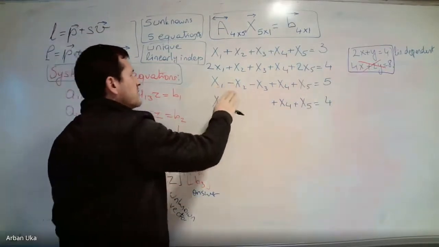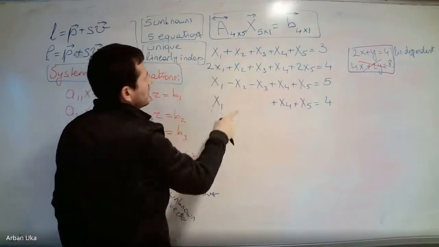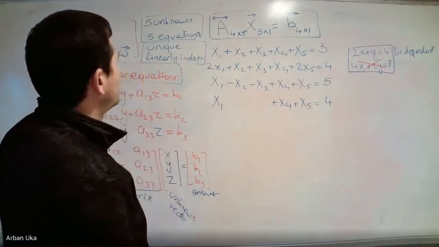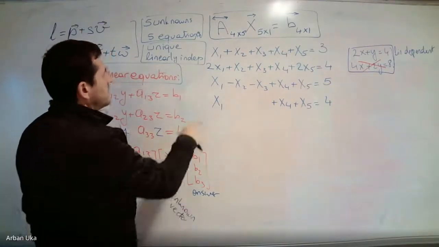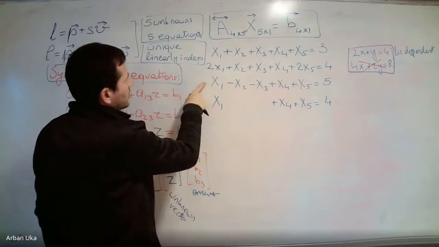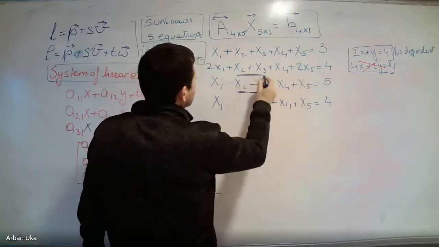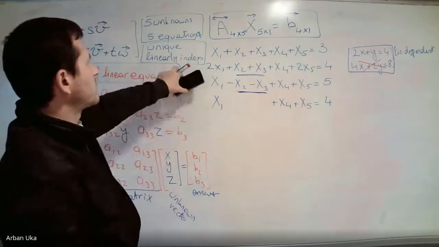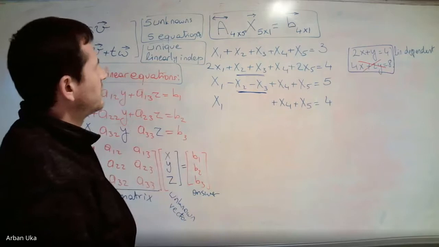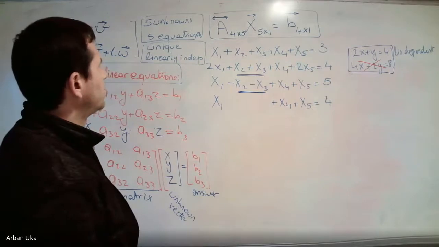Here we could have some dependencies, but it's hard for us to see whether there is any relationship between these. Let's watch for a moment. If we add the second equation and the third, they will be cancelled out, because this is plus, plus, minus, minus. So we get 3x1 plus 2x4 plus 3x5 is equal to 9, okay? So here we have one essential piece of information.